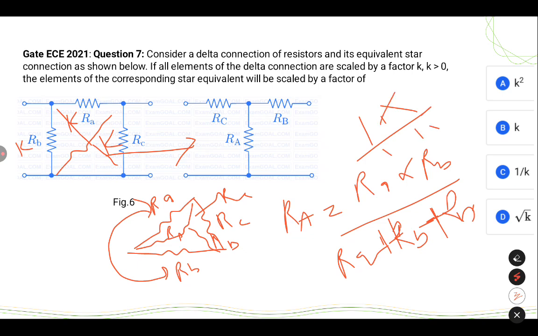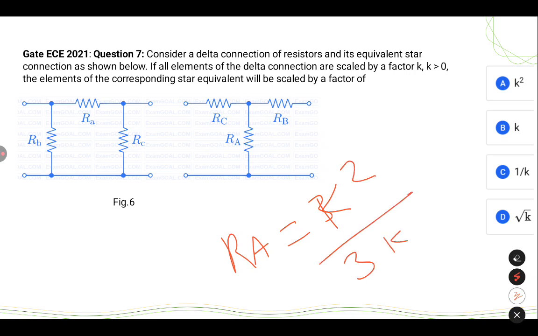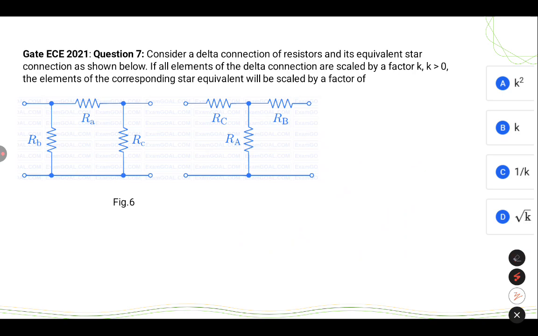So one k will cancel out, giving k by 3 times the resistor. No, let me draw it again.